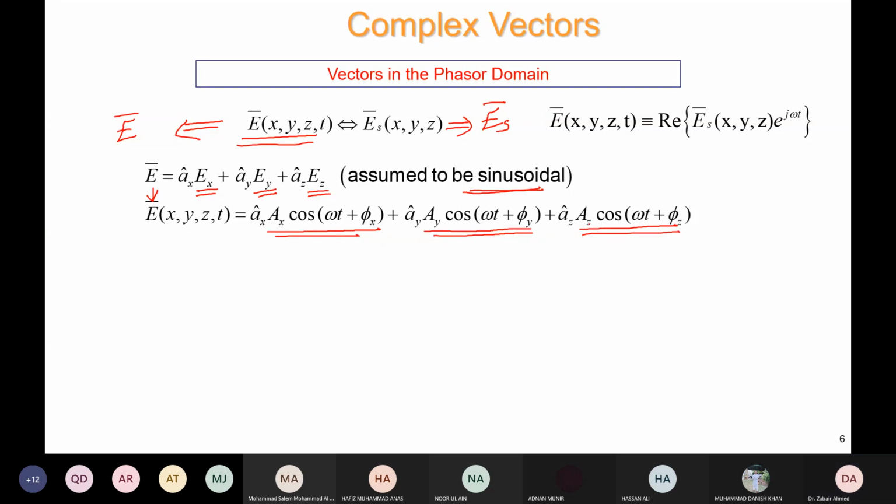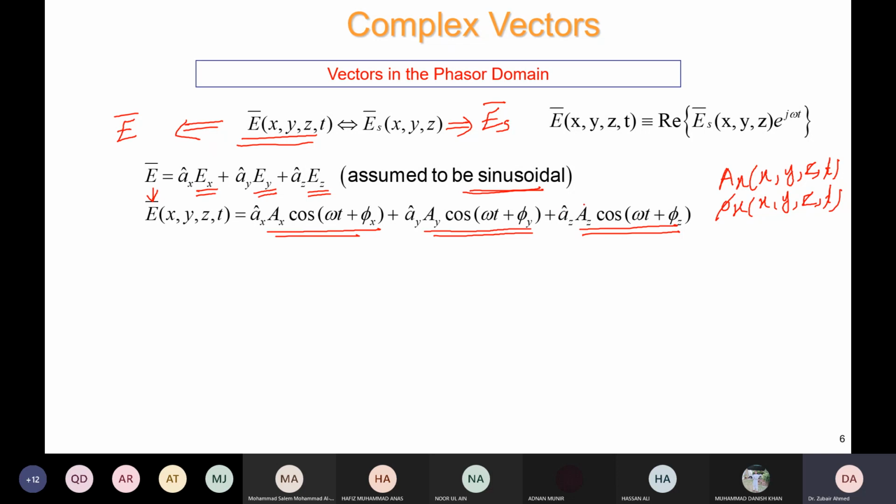Please note that I have simplified the notation. In general, this AX will also be a function of x, y, z, and t. And this phi x will also be a function of x, y, z, and t. So both the amplitude and phase of a sinusoid can be spatio-temporal in nature.